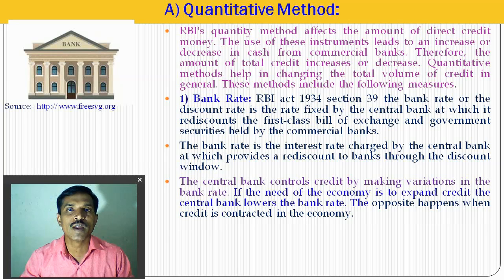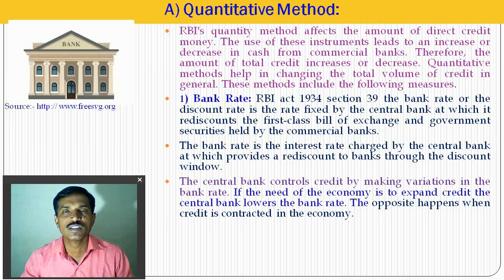Excess money supply is created during deflation and recession situations. But during inflation, with a high tax level, the central bank increases the bank rate. Increasing the bank rate means an increase in the rate of interest, and therefore a reduction in demand for loans at the higher rate of interest.